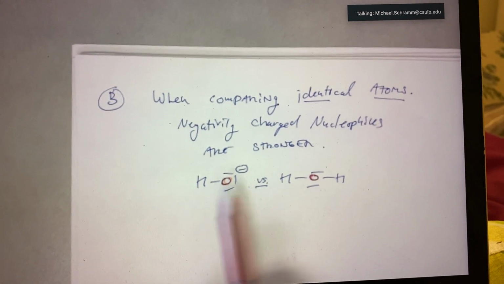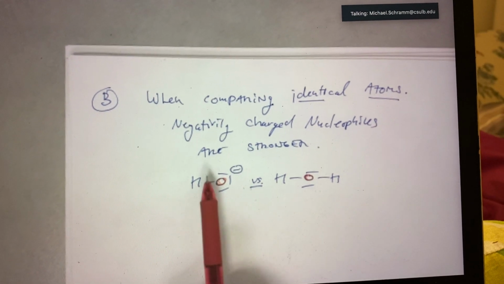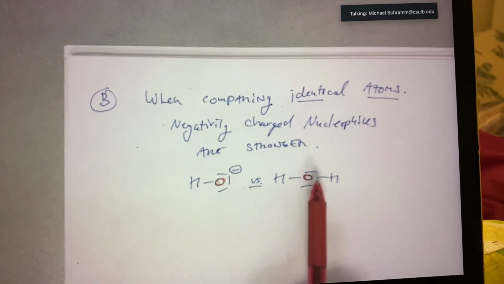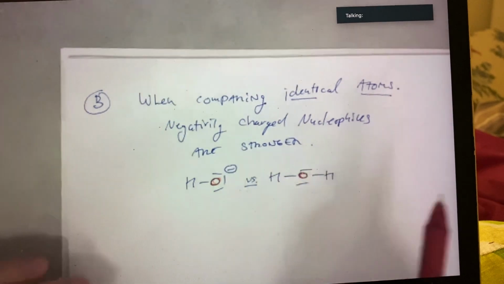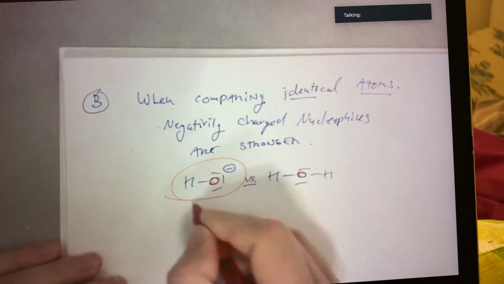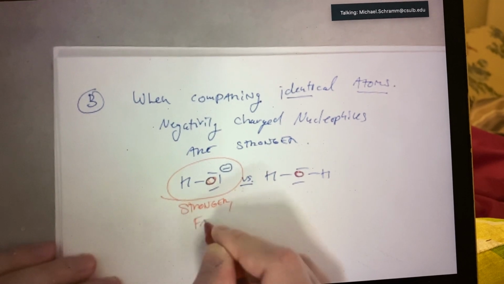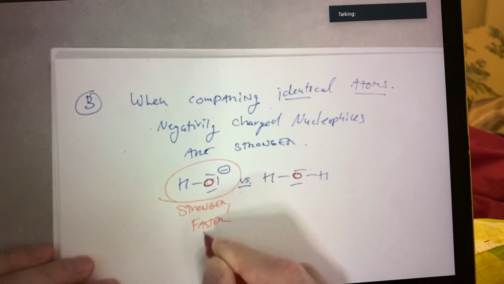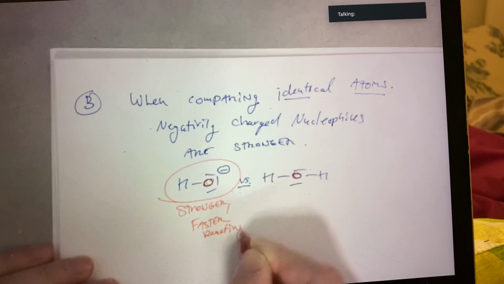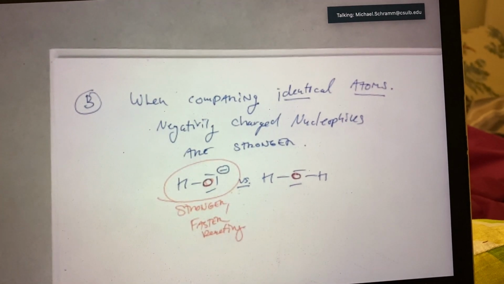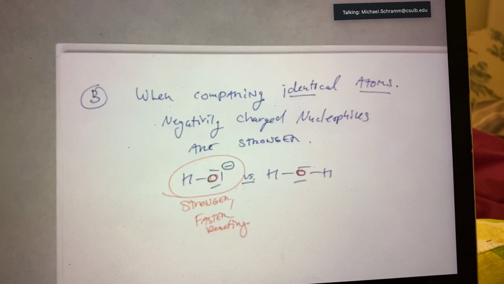One would be much more reactive than the other. Same substrate, comparing this hydroxide versus water. This would be the stronger or faster reacting nucleophile when comparing two of the same atom.